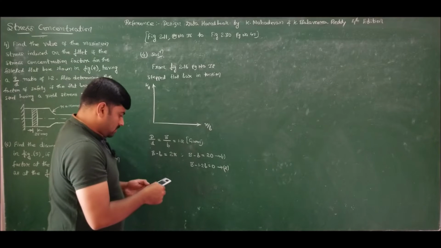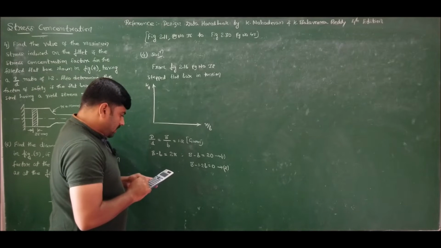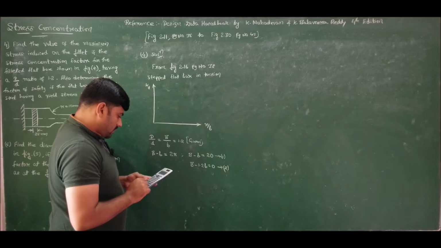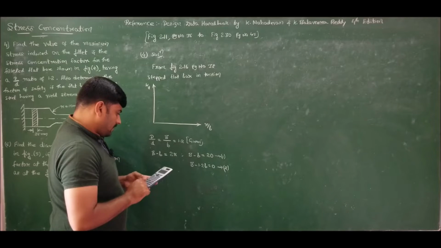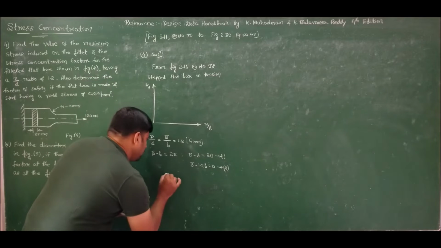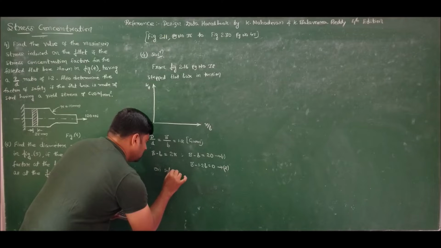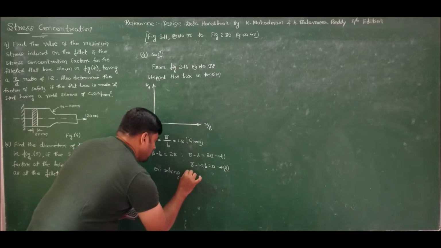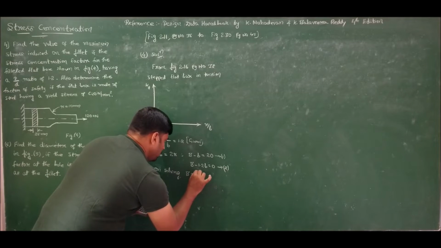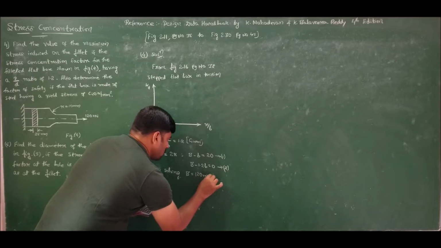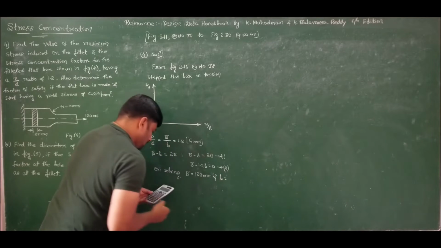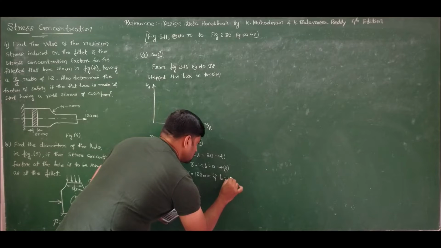So if I solve these 2 equations with 2 unknowns, with coefficients 1, minus 1, 20 and 1, minus 1.2, 0, the value of capital B turns out to be 120 millimeters and small b as 100 millimeters.